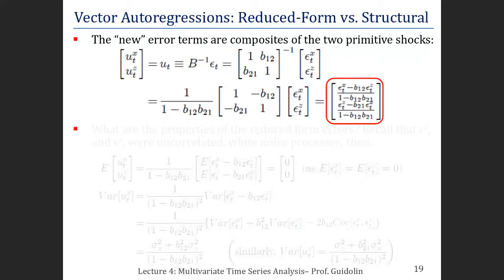But because of pre-multiplying them by the inverse of B, we have created two new shocks called utx and utz, which now are in general correlated.